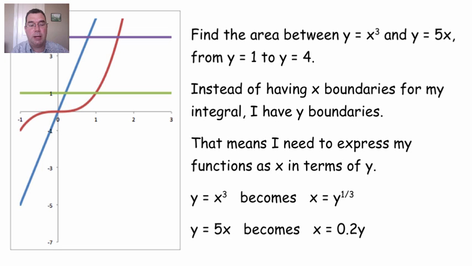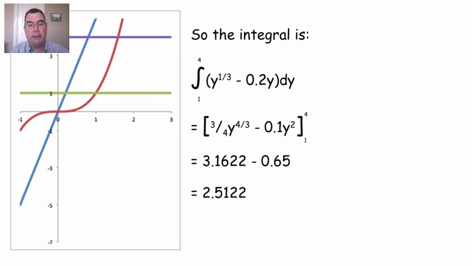All right, and now I just treat it like I would before, but now everything's in terms of y instead of x. So what I have is the integral from 1 to 4. If you look at what's on top, this curve, x equals y to the 1/3, is on top, meaning it's further to the right if you tilt your head.